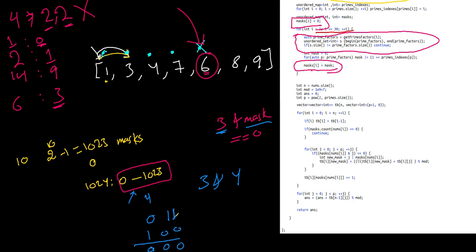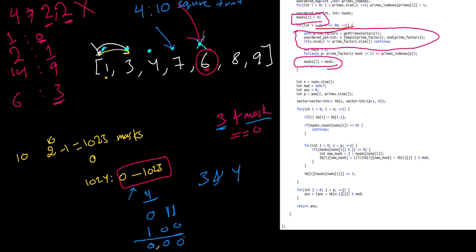This means this is a prime factor, this is a prime factor, and because of that, assume at this index for the value 4 we have 10 square free subsets, because the value is 0 here.